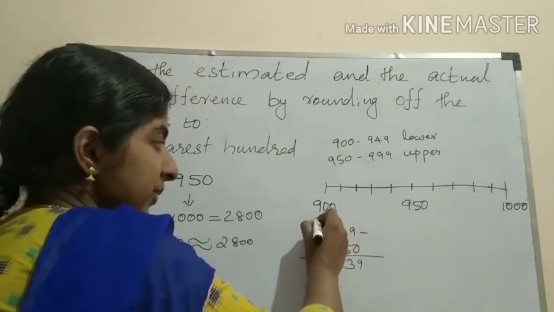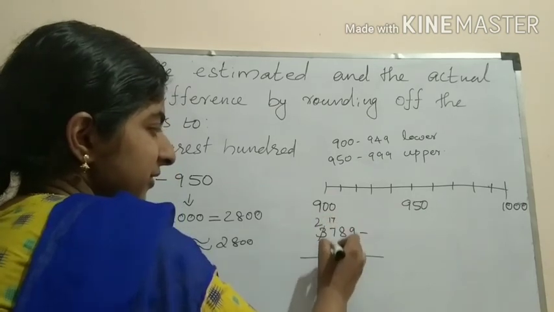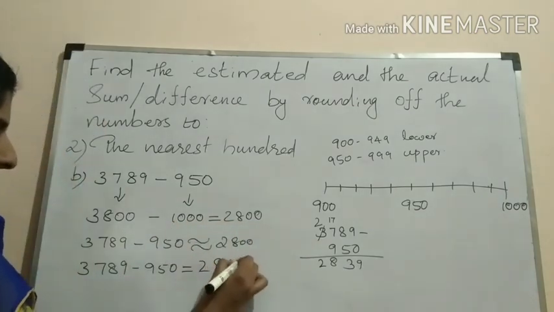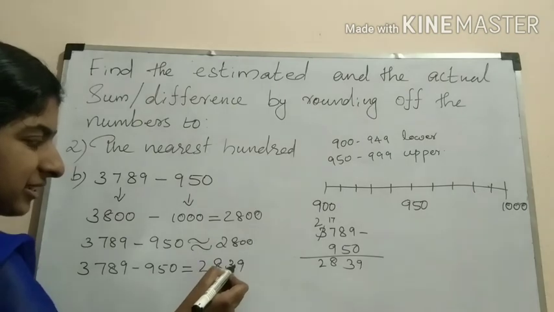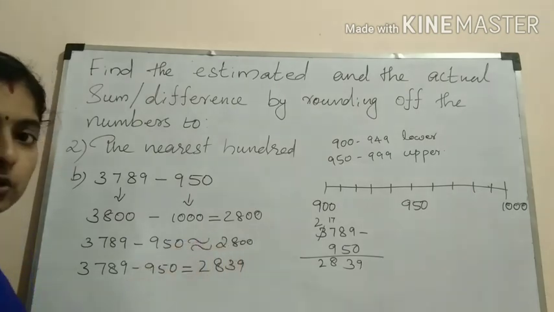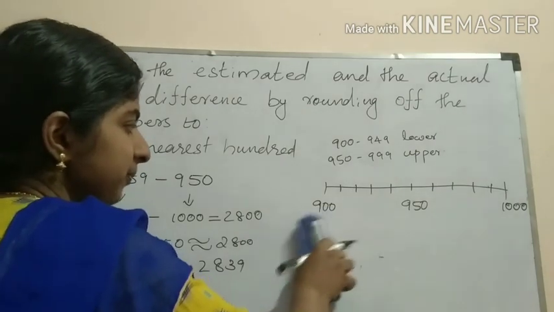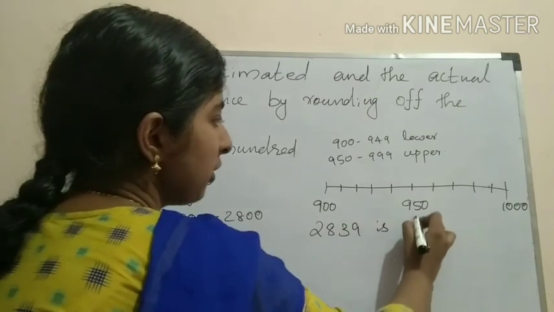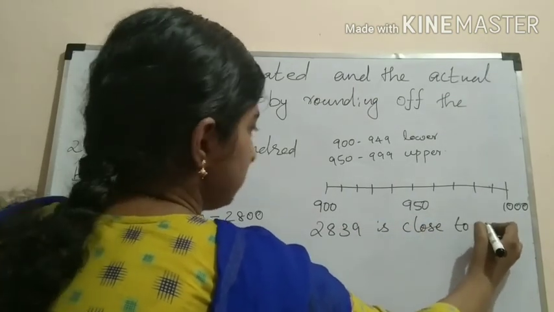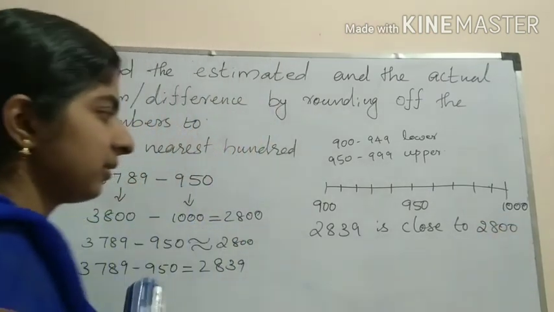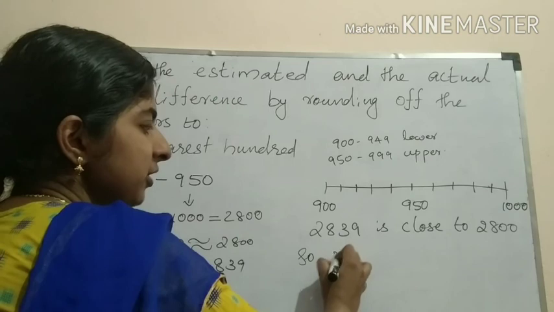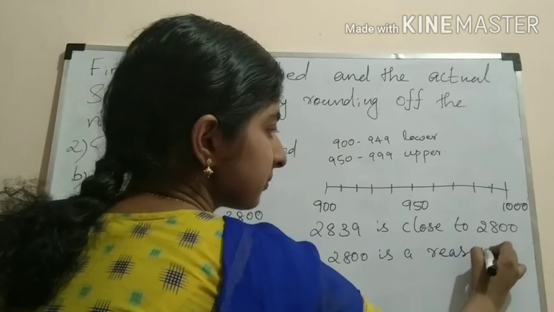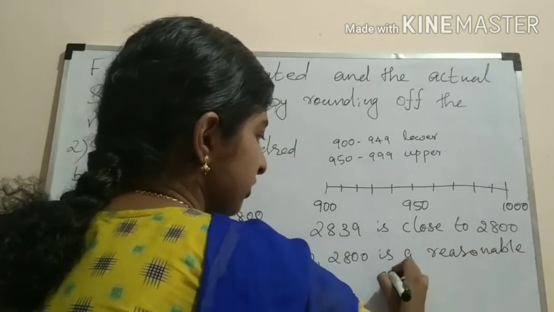After taking 1, the thousands place becomes 2, the hundreds place becomes 17, 17 minus 9 is 8. This 2 is here. 2839. See, this 2839 is close to 2800, isn't it? So 2800 is a reasonable estimate.